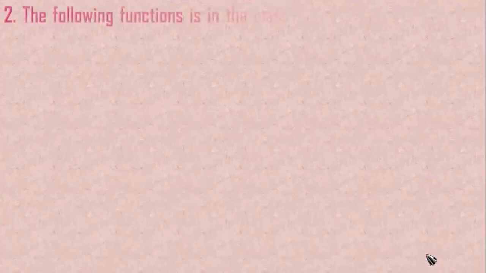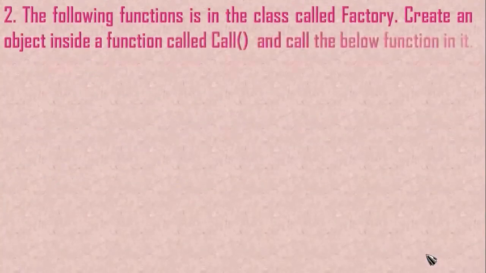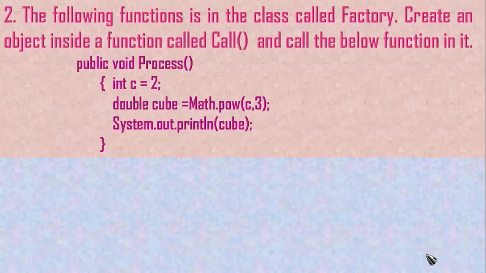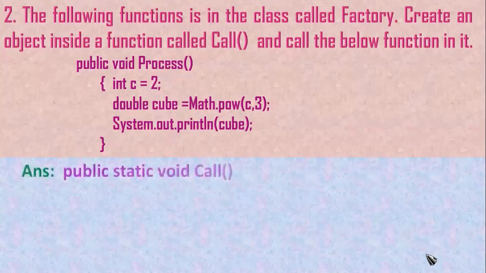Next question. The following function is in the class called factory. Create an object inside a function called callof and call the below function in it. Here is the function process. So we have to create a method called callof. I will write public static void callof. To create an object, we will use the name of the class.